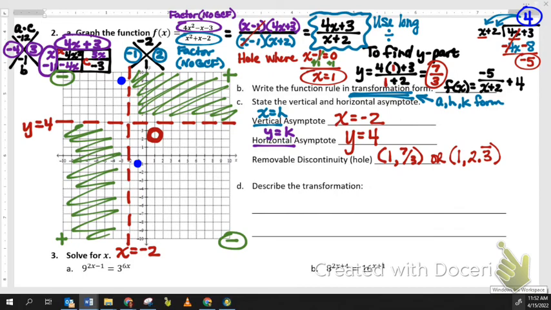Can't stay on the asymptote, so I have to hop in 1. Right here. And then I need to go to the right, back to where they cross. 1, 2, 3, 4, 5. Hop in 1. It's going to lay close to the asymptotes, but it also has to go through those points that we plotted.